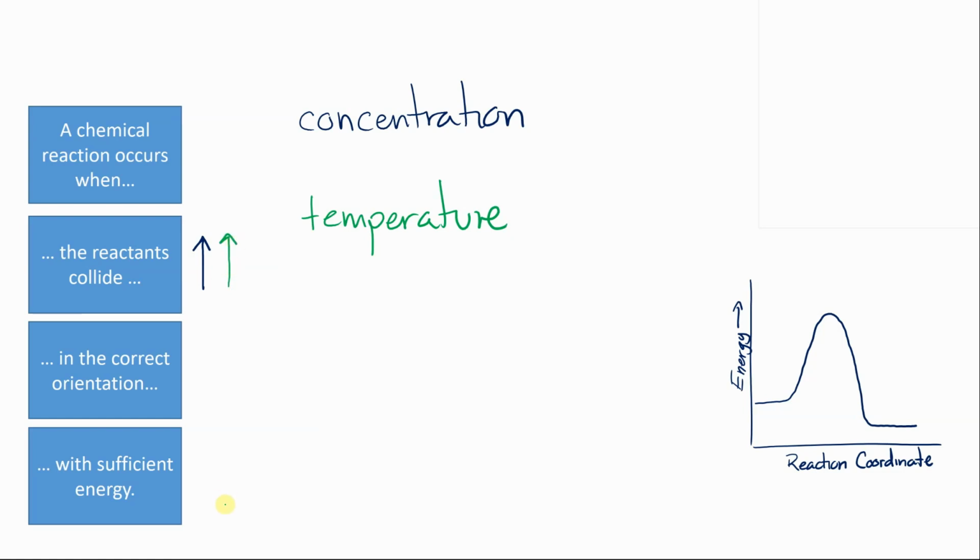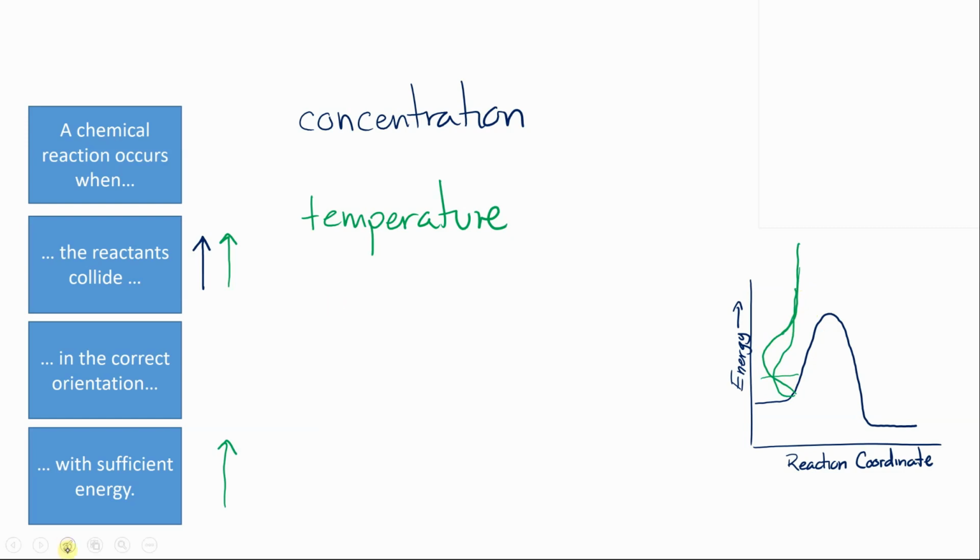But higher temperatures will also increase the proportion of molecules that have sufficient energy to get over this hill. At a low temperature here, we might have only a few molecules that have enough energy. Might look like a distribution something like that, and as we increase the temperature, we might have many more molecules with enough energy to get over that hill.